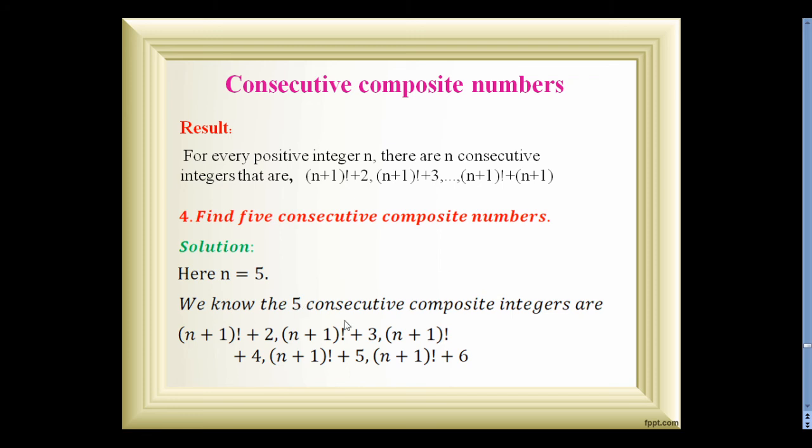Now we know that the 5 consecutive composite integers are, by the formula, (n plus 1) factorial plus 2, (n plus 1) factorial plus 3, (n plus 1) factorial plus 4, (n plus 1) factorial plus 5, up to (n plus 1) factorial plus 6. Here we start adding with 2, then 3, 4, 5 and 6. Totally we get 5 terms.